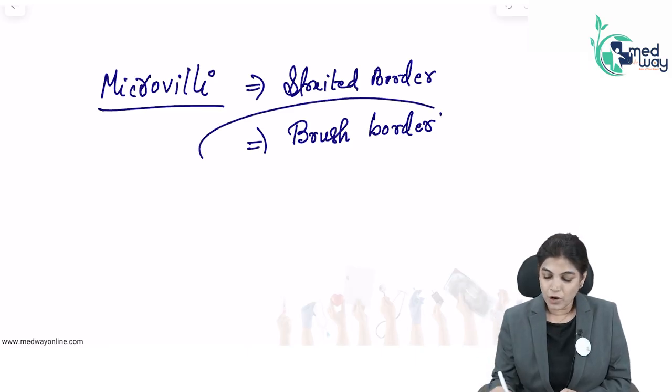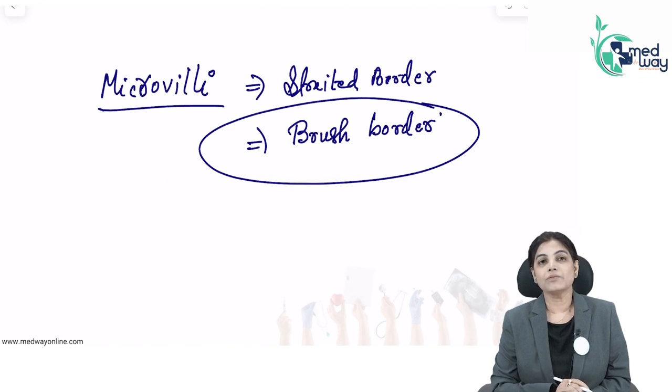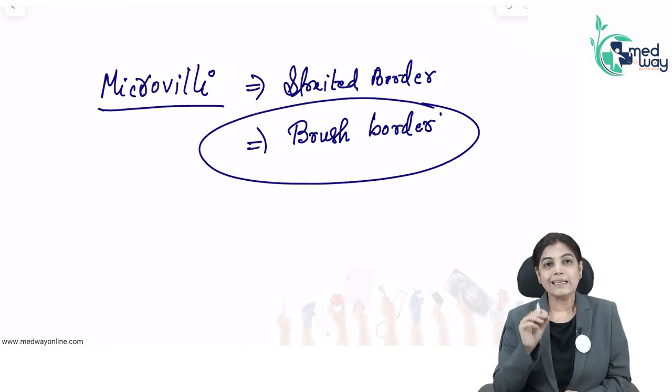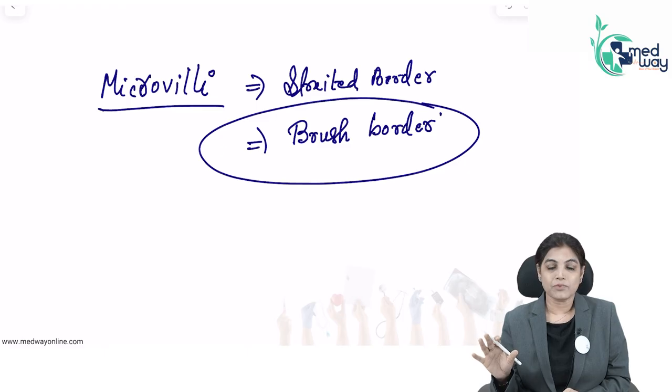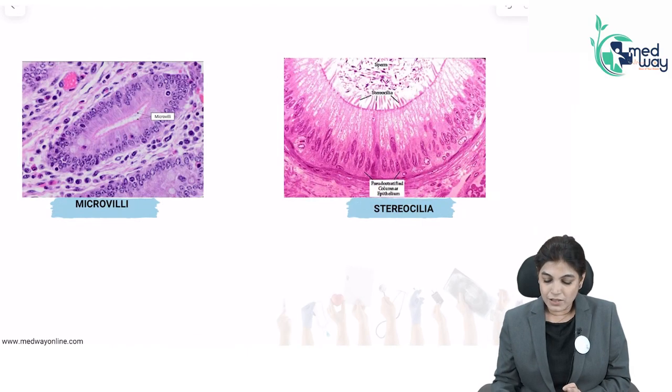And if we talk about the brush border, brush border microvilli has an irregular arrangement and it is present in PCTs and also in the gallbladder lining epithelium. So striated means equal distribution, a regular pattern of arrangement of microvilli. I just want to show the example here.